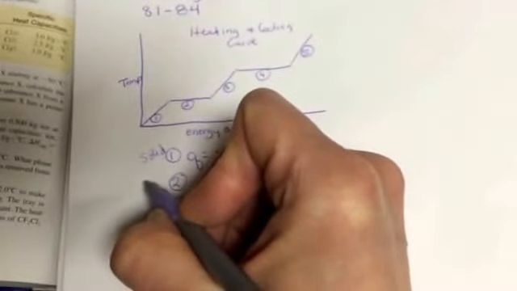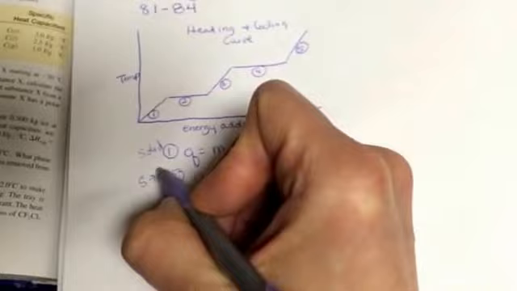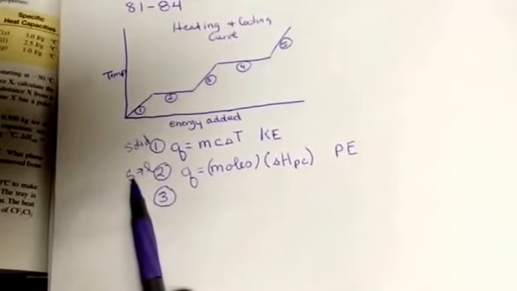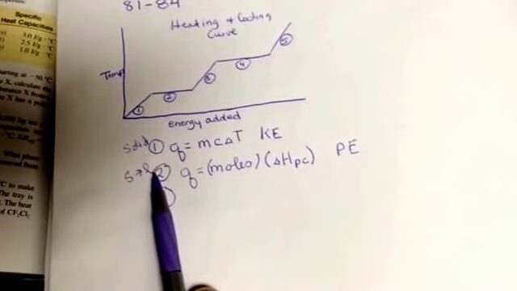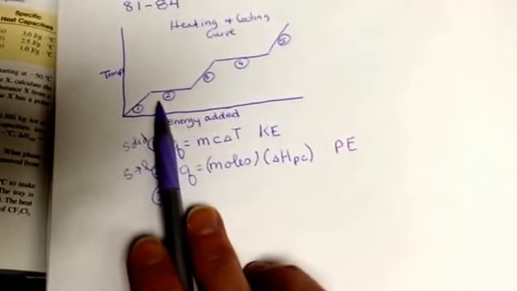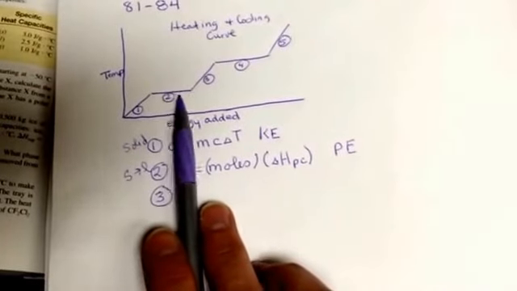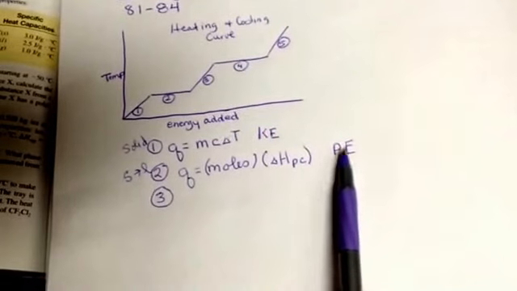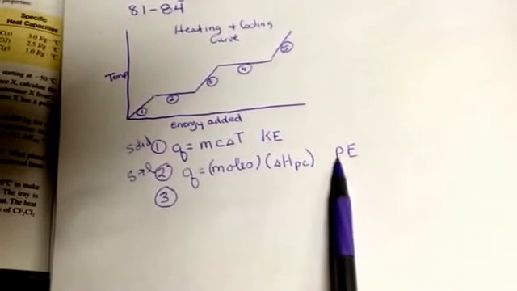And then in phase 2, the solid would be converting to a liquid. In order for that to happen, we have to add energy. But that energy isn't going to make the temperature change, which is evident because the temperature stays the same. Instead, it's just going to weaken the potential energy of the intermolecular forces.